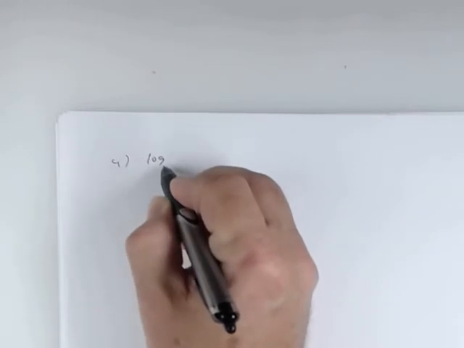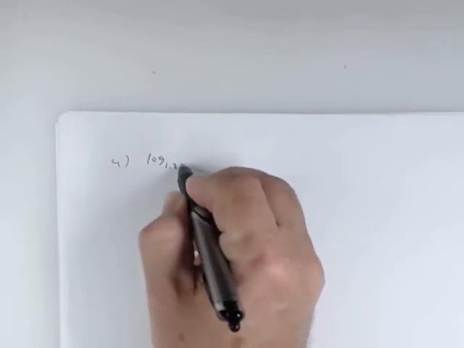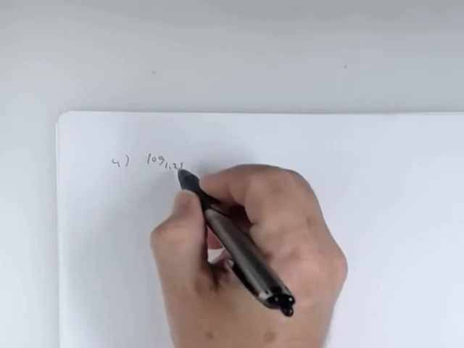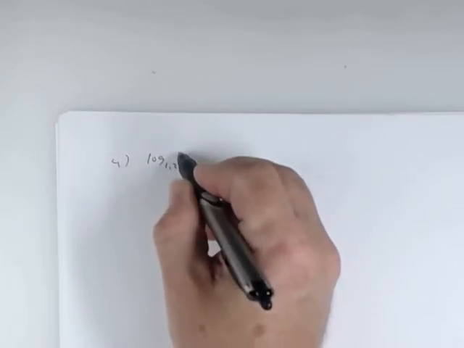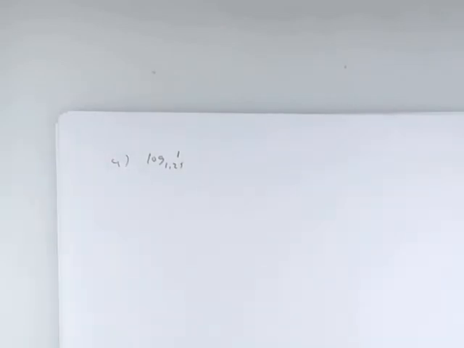Let's look at number 4. Log base 1.25 of 1. I keep saying log of; I meant log base 1.25 of 1. I'll put 1.25 because it really doesn't matter what number is the base, as long as it's not a 1.